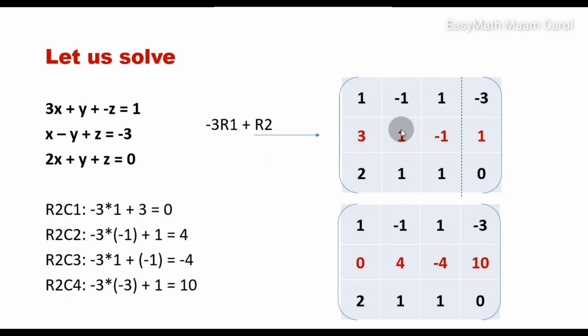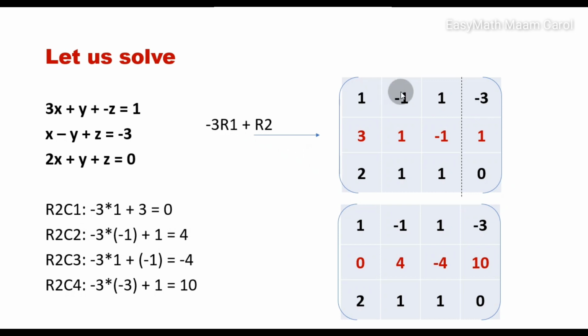Next, hanapin natin yung magiging value. Kapag ikaw naggawa ng ganitong Gaussian elimination, lahat yan mapapalitan. So, next, i-substitute mo naman yung values na to. So, negative 3 times negative 1 is positive 3 plus 1 is equal to 4.